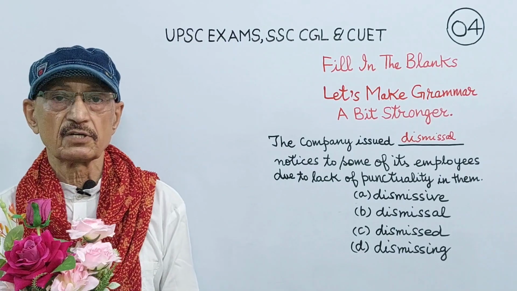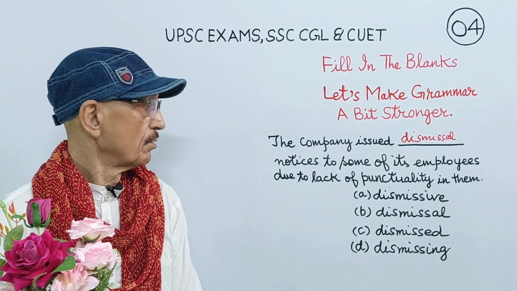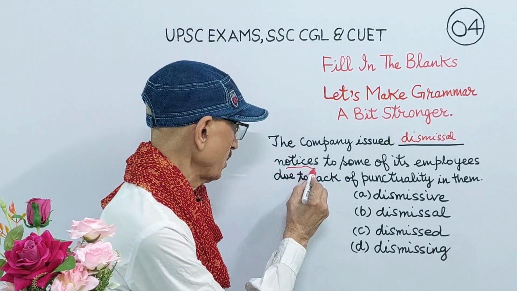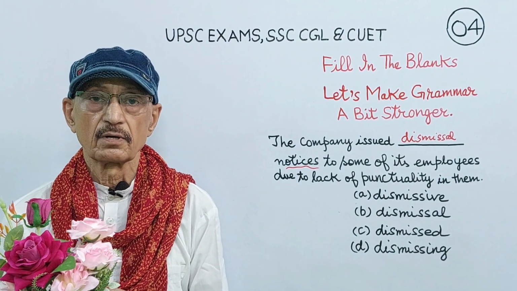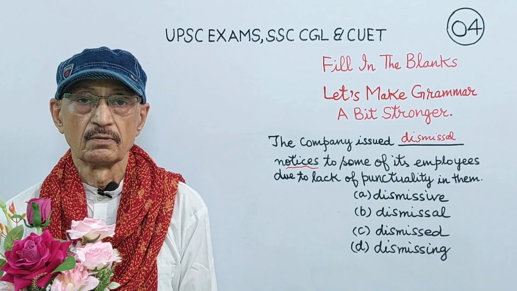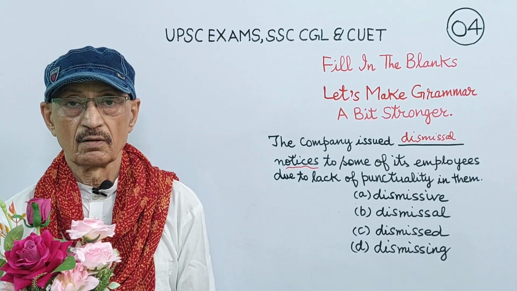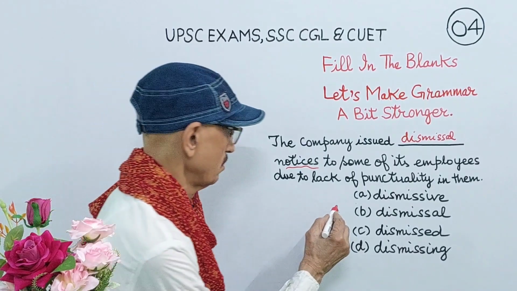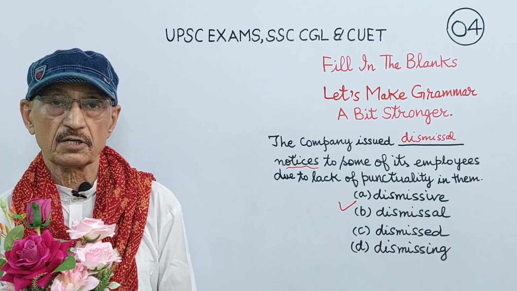I will now tell you the reason why you will take dismissal. Notices is a noun. This noun needs a correct adjective. The correct adjective is dismissal. Dismissive will not give a correct meaning.